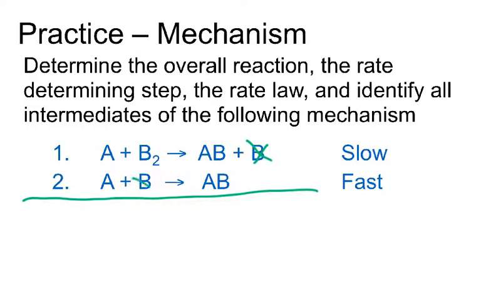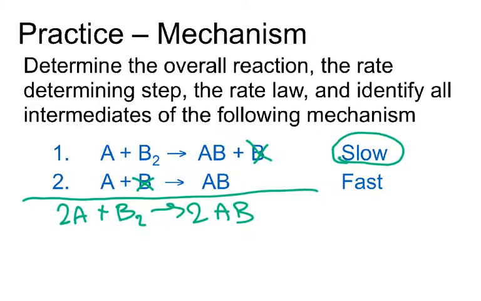So B is an intermediate. So our overall reaction, we have 2A plus B2 goes to 2AB. There's our overall reaction. The rate determining step is the slow step, which in this case is our first step.